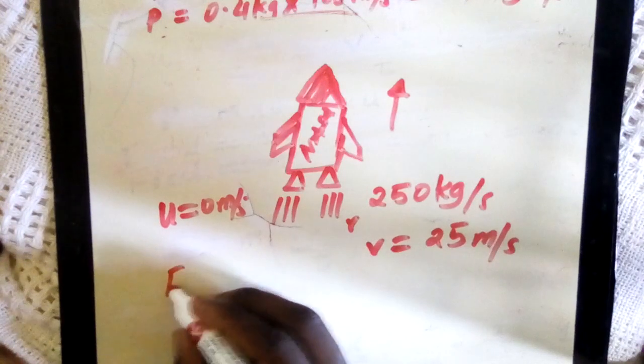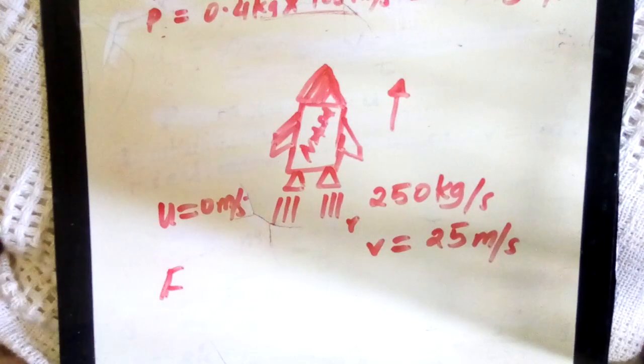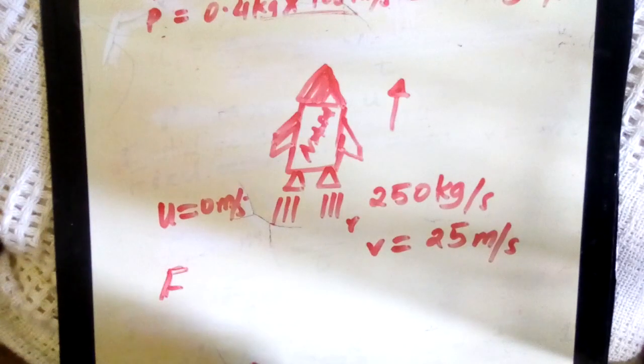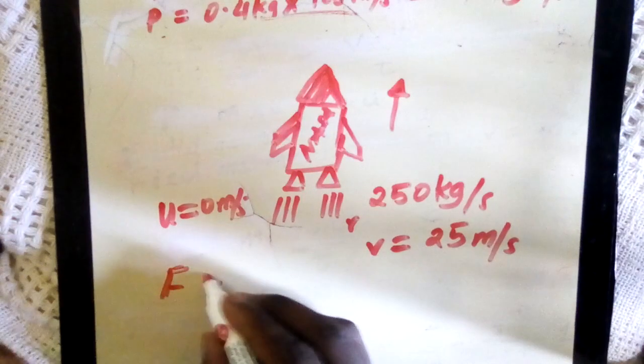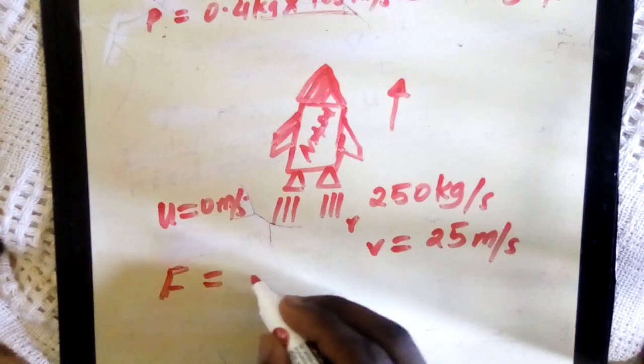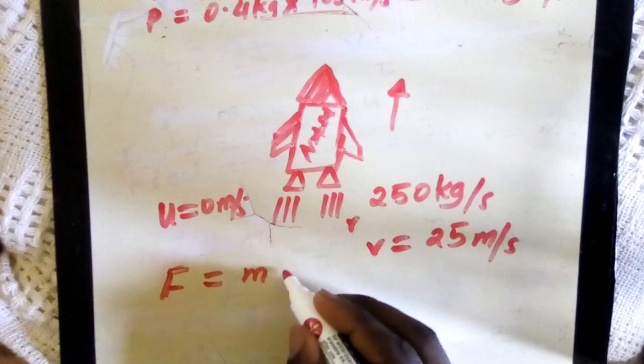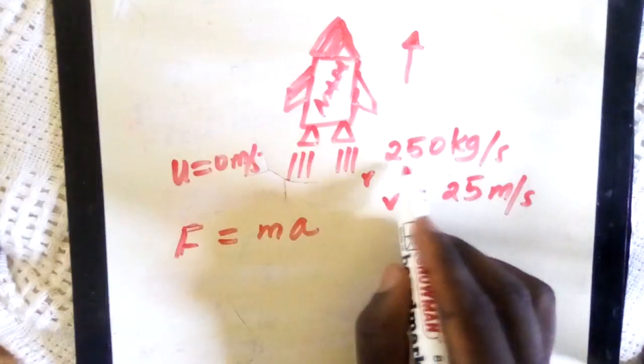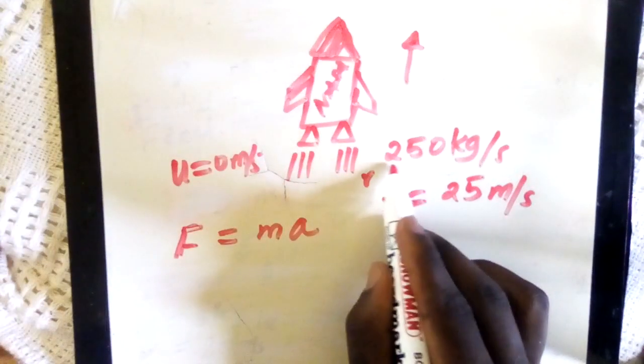Let's apply the equation that we have just derived, since I've told you that one of the applications of this formula is in rocket propulsion technology. So F is basically mass times the acceleration, and then look at these numbers.